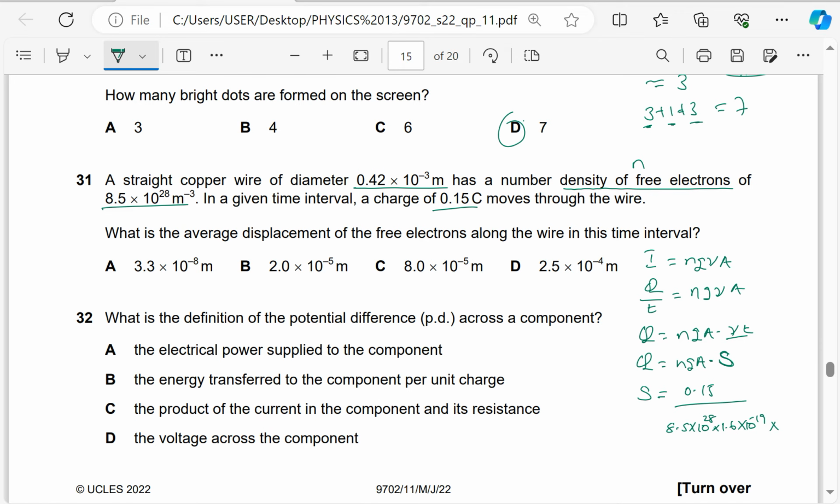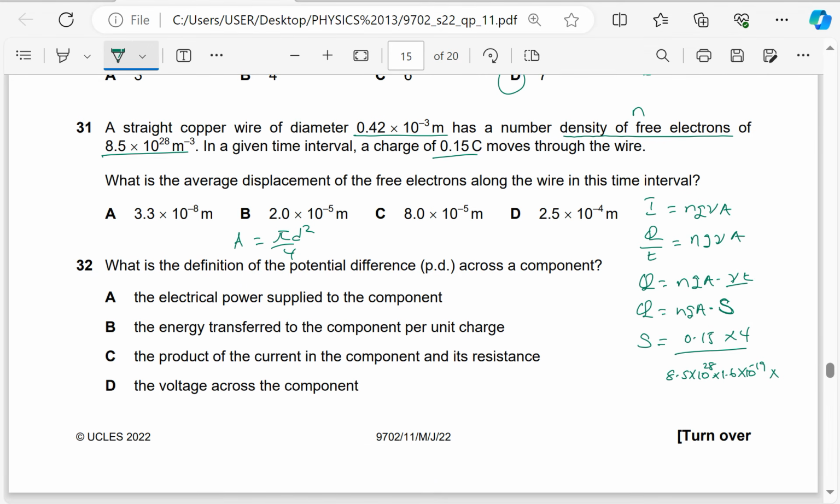They gave us the diameter. The area is pi d squared over 4, so the 4 goes up, so I'll say times 4. And in the denominator I have pi times d, which is 0.42 times 10 to the power of minus 3, and this is squared.